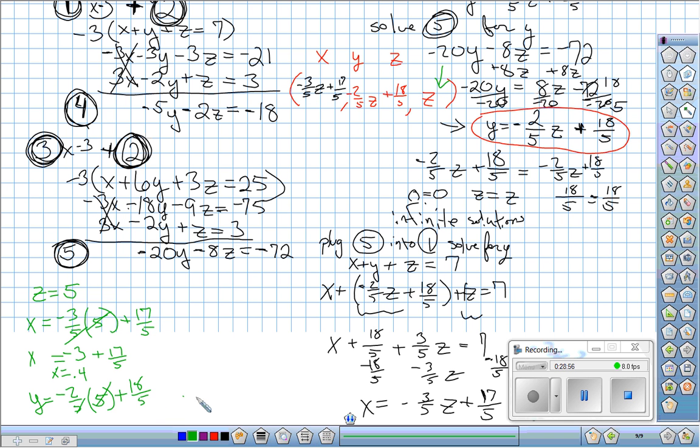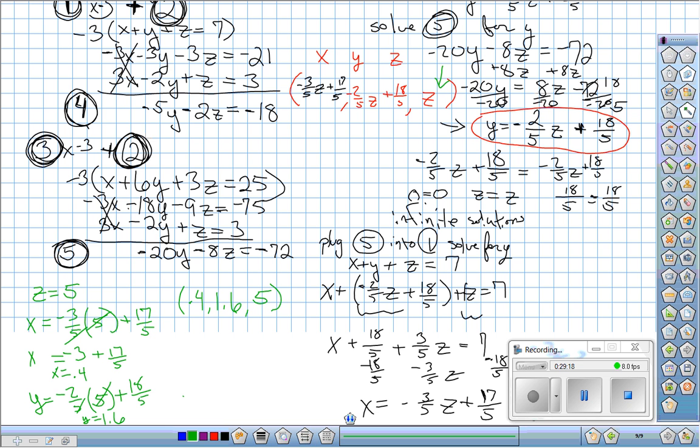So y equals 1.6. That means this solution, 0.4, 1.6, comma 5, is just one solution, but there is an infinite amount of solutions that I can pick.